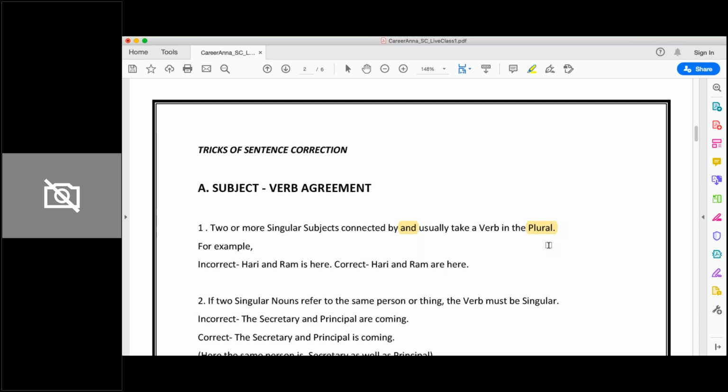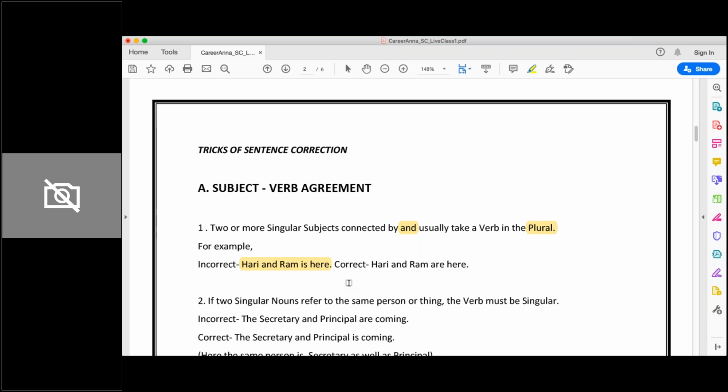It cannot be singular. As I read over here, if I say Hari and Ram, they become my subjects, and and is the word connecting them. My verb cannot be is. At times what happens is, we read, okay, Ram is written, Ram is singular, so it should be is. Is this correct? No.